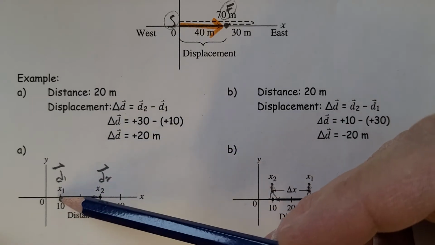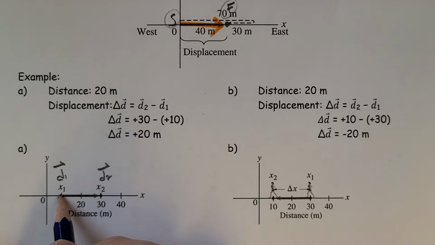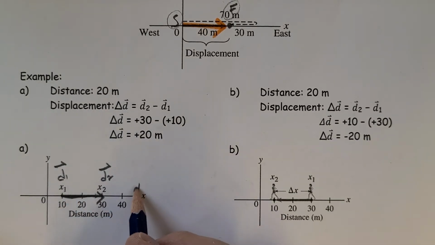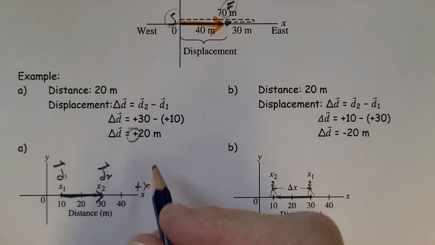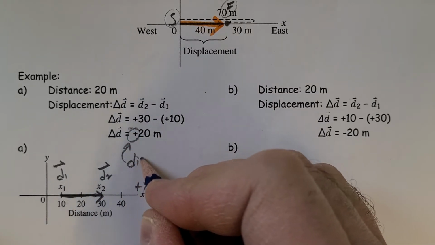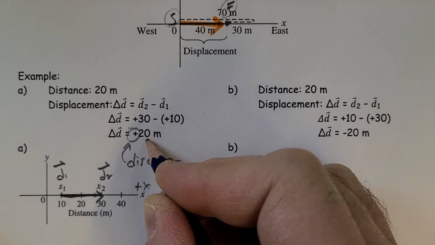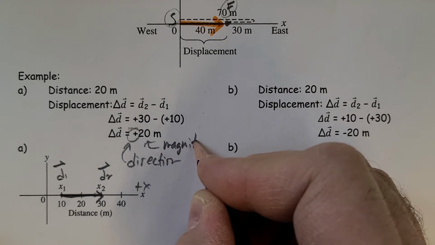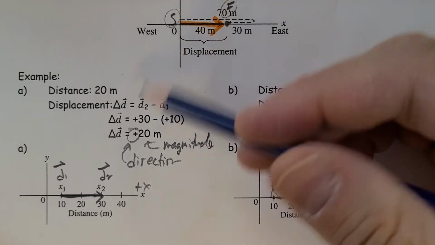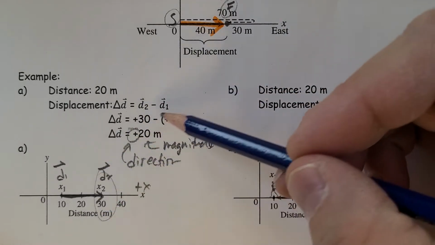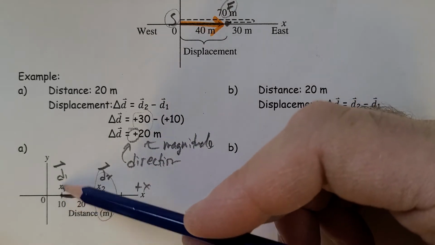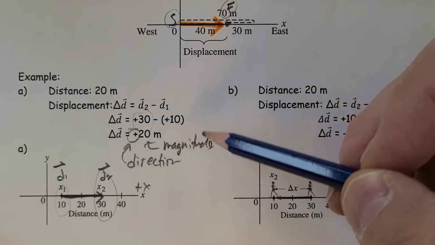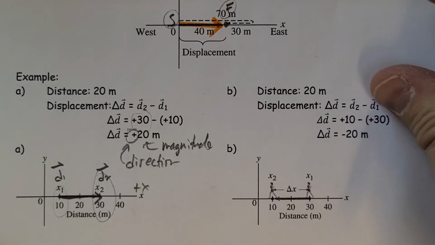The change in displacement, now we don't necessarily need to do a subtraction because you can see we went 20 in the positive x direction. So there's my direction right there, and then there's my magnitude. I went 20. But you could look at a change in position. My final position was the plus 30. My initial position was the plus 10. So 30 minus 10, I get plus 20.